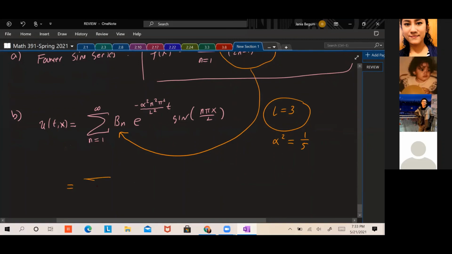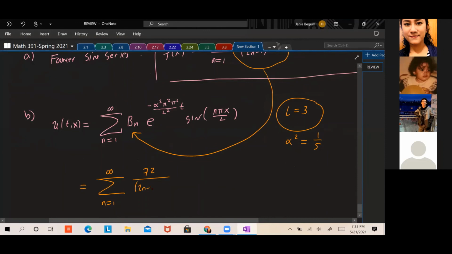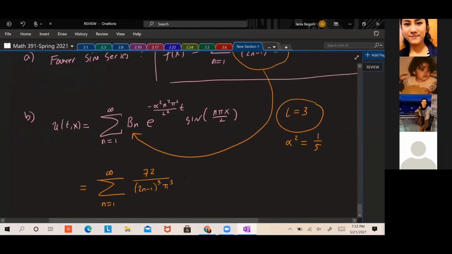So this is the sum from 1 to infinity of Bn, which is 72 over (2n minus 1) cubed pi cubed, and then e to the negative 1 over 5, where n is 2n minus 1, squared, pi squared, and L is 3 squared, times t.